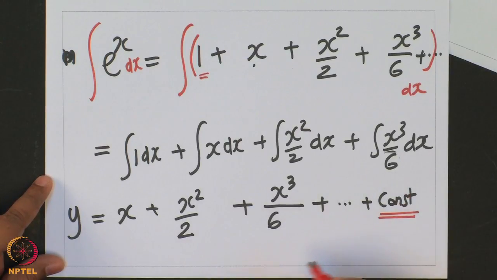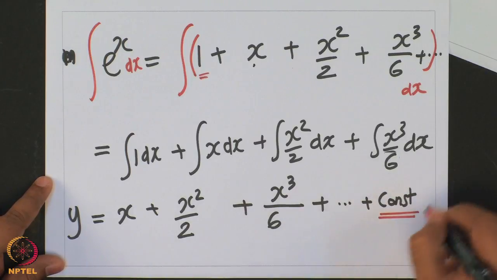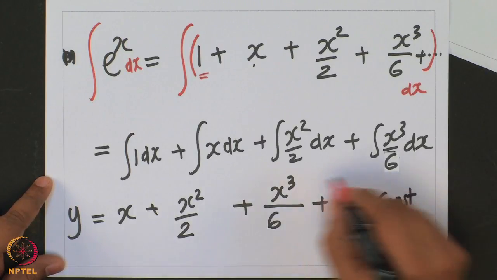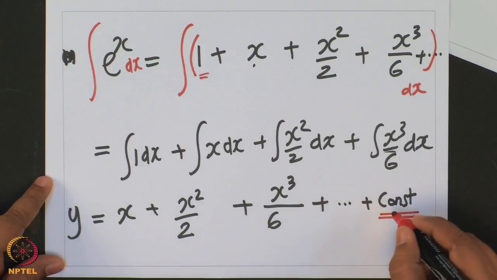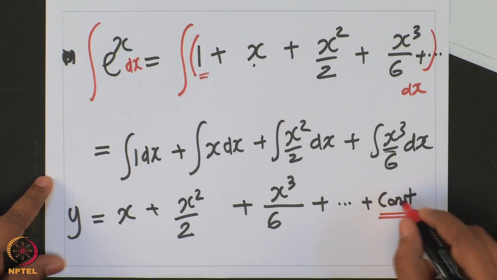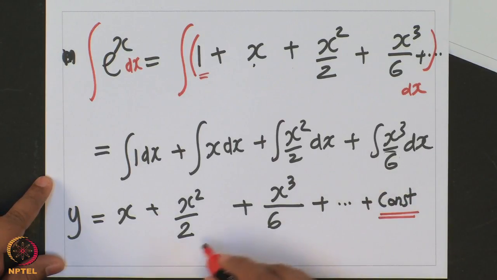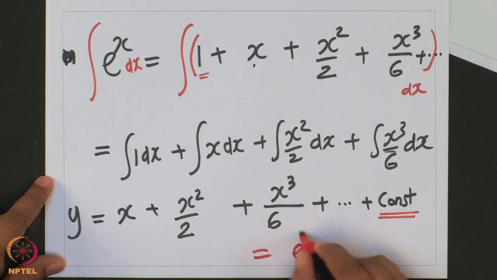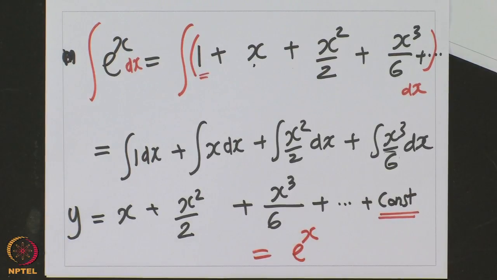Therefore the integral of e power x has to be e power x, and one can show that this constant is essentially 1, just like we did earlier for the earlier cases. So the integral of e power x is e power x itself. Similarly, one can do this for cos x.